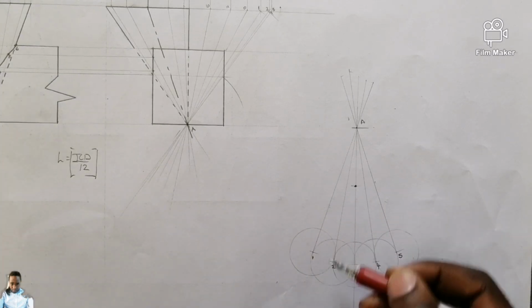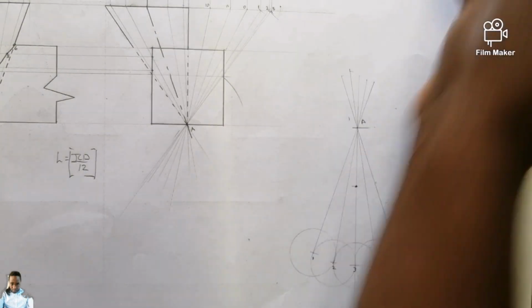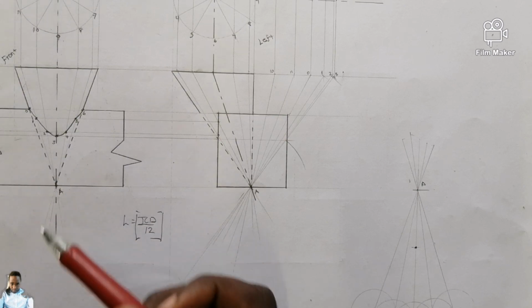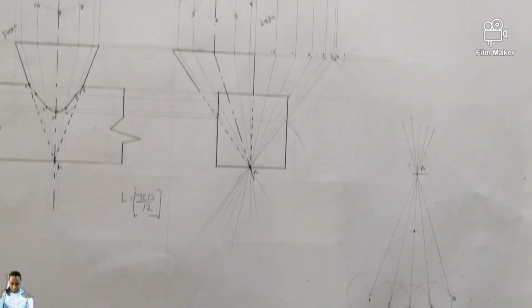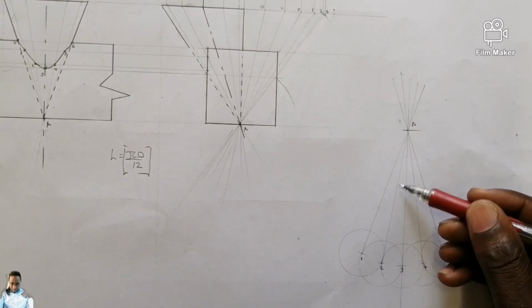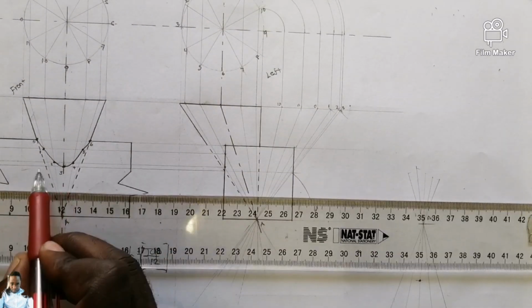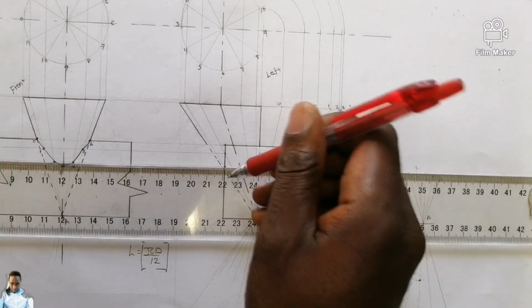Place your compass at point 2, and before you do that, come back to your front view. Extend this line of 2. Remember that this is the line of 2, isn't it? We're supposed to be getting this point along there. That is why we come back to our front view. We extend this line of 2, which is in the same line with what? With 4. There you go.